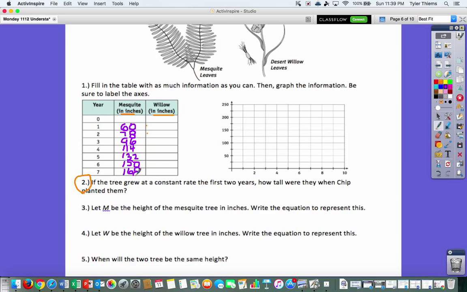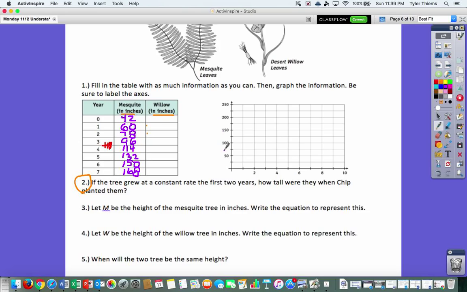Going back to when it was originally planted, this is going up by plus 18 the whole time. So if we go back the other way, we're subtracting 18 from 60 to figure out what it was in year 0. 60 minus 18 is 42 inches originally.